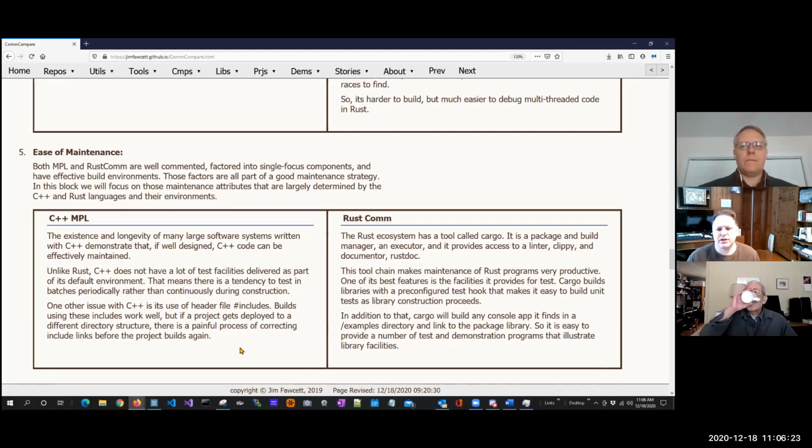But basically, when you're thinking about maintenance, with C++, you really do have a lot of years of people developing very large systems, and the fact that many large systems exist in C++ is a good testimony to the ability to effectively maintain. I think you have to be careful with C++.